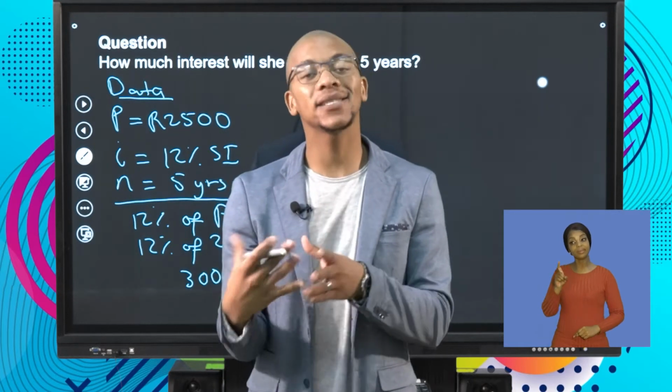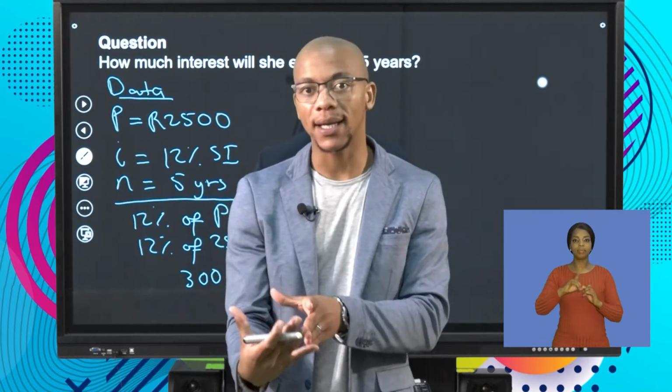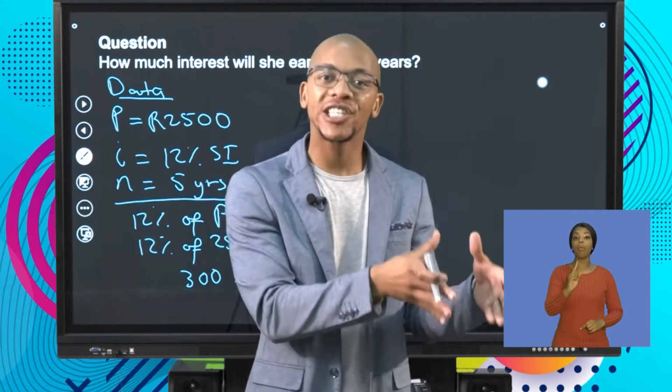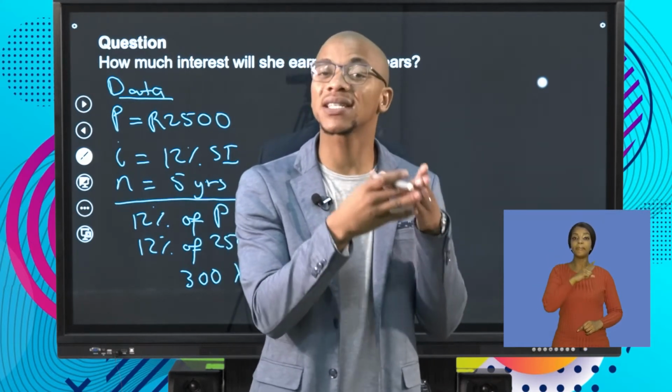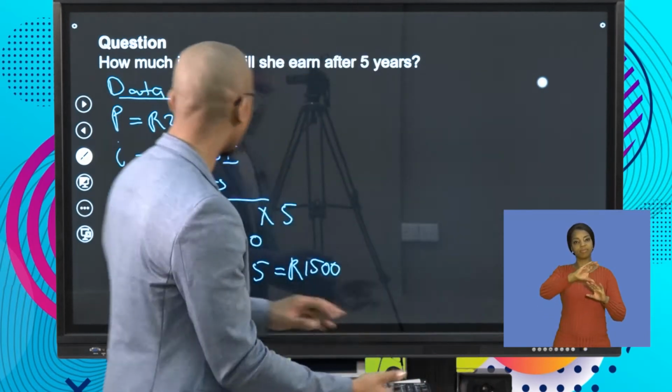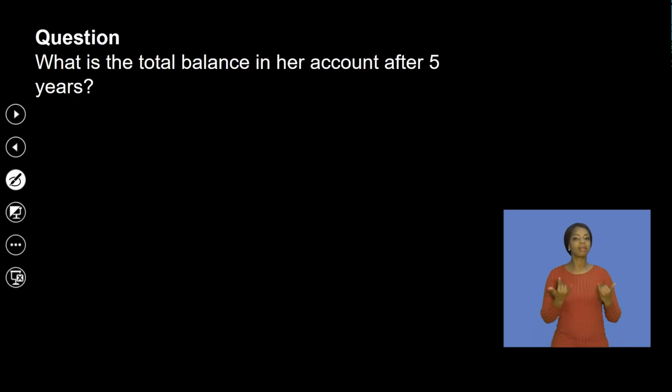But this is not what she will have in the bank. It is only what she would have earned for her initial amount that she deposited into the fixed deposit account.